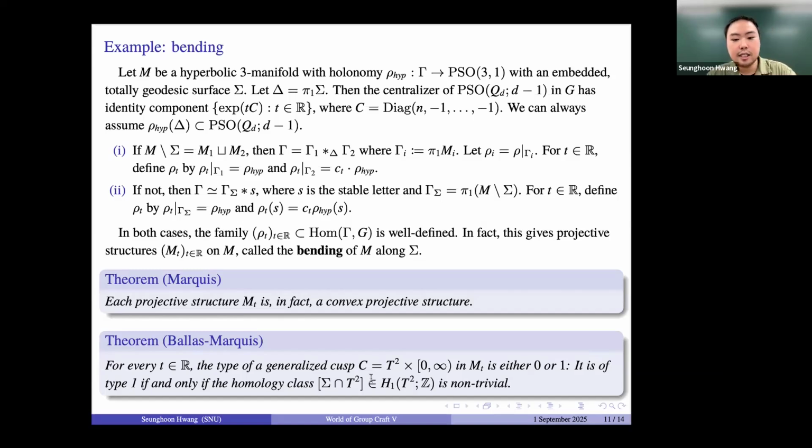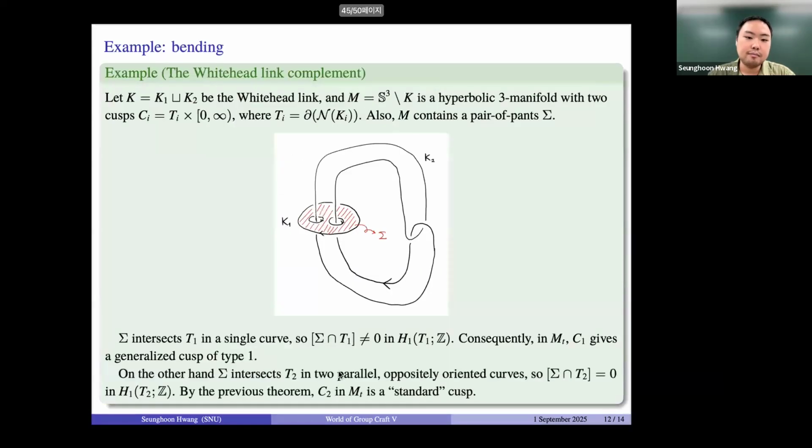This gives us a fairly easy way to check. And Ballas and Marquis found out that the Whitehead link complement does admit a convex projective structure with one cusp of type 0 and the other cusp of type 1, by observing the homology class.